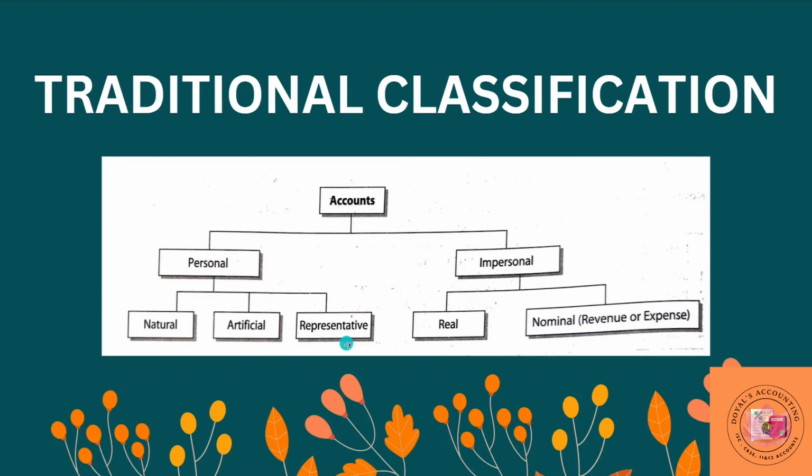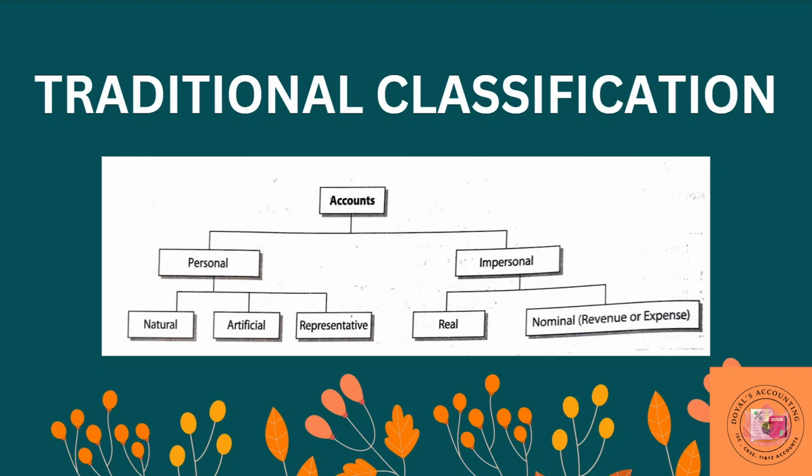Then the third category is representative accounts. Now, these are those accounts which represent a certain person or a group of persons. For example, if rent is due to the landlord, an outstanding rent account will be opened in the books. The outstanding rent account represents the landlord to whom the rent is payable.